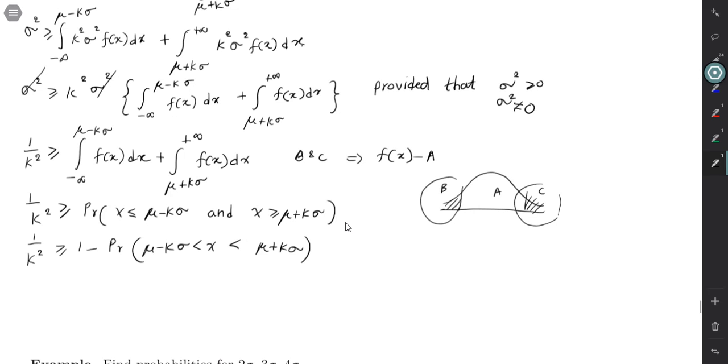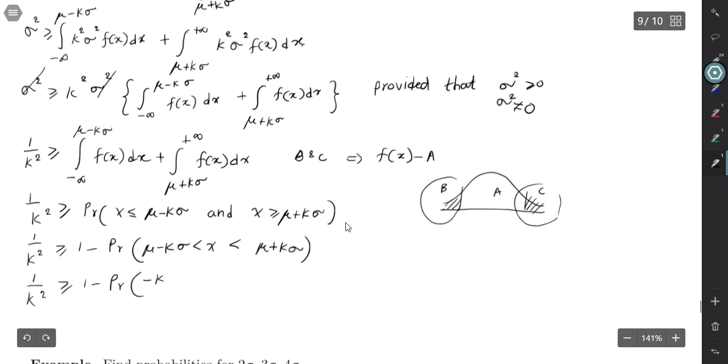So what do we get? One minus the probability of negative k sigma less than x minus mu less than positive k sigma.